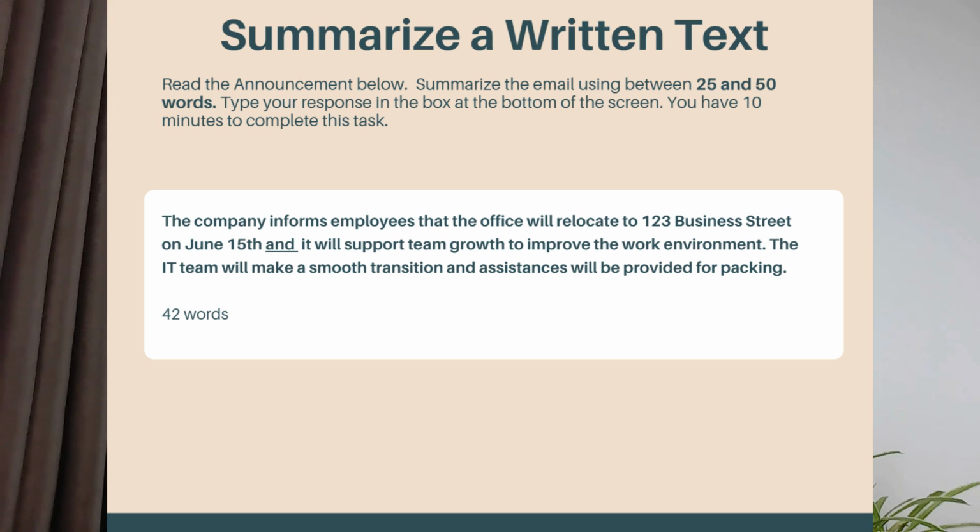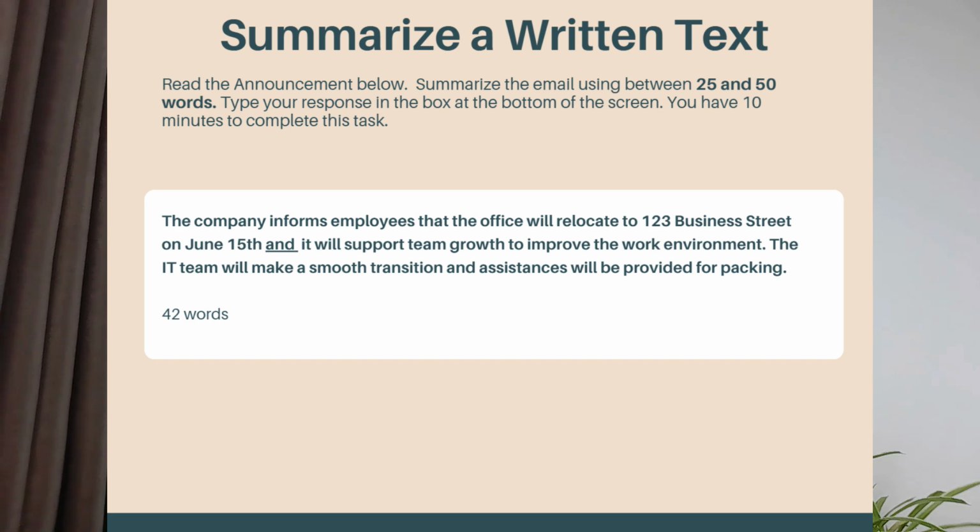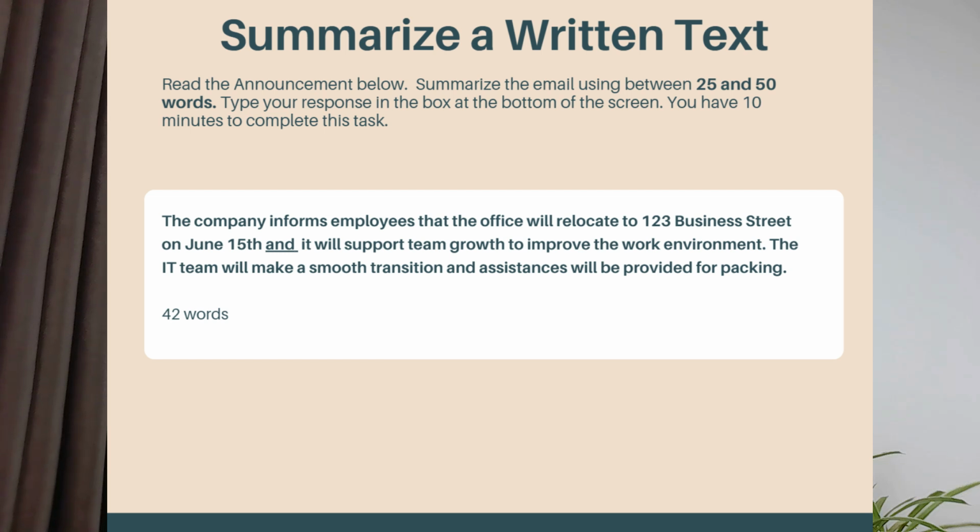The company is the who and the employees. The what is the relocation, and the why is to improve the work environment. Who, what, why. But it's also the main idea. And then I add my final piece of information because I had time and space to do it. And I included the fact that they will have some assistance for packing.